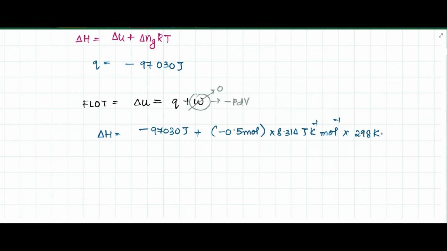So you can see per Kelvin cancels, per mole cancels. You have joules here, joules here. Delta H, let's see: 8.314 into 0.5 into 298.